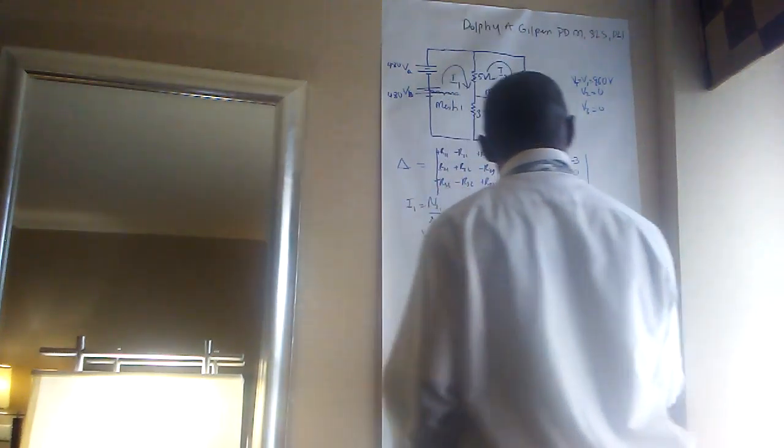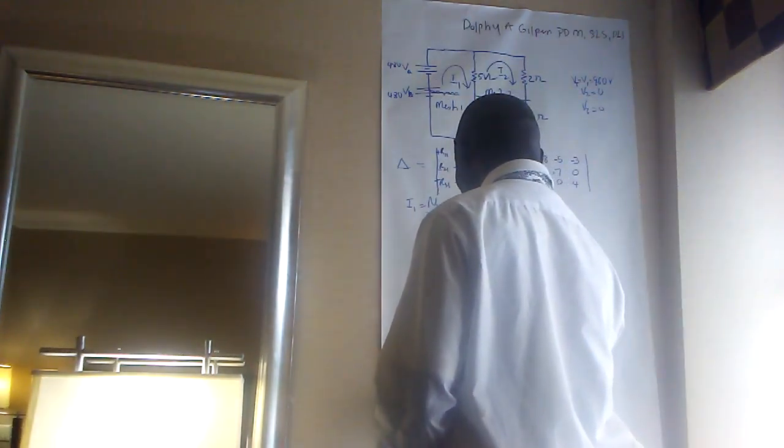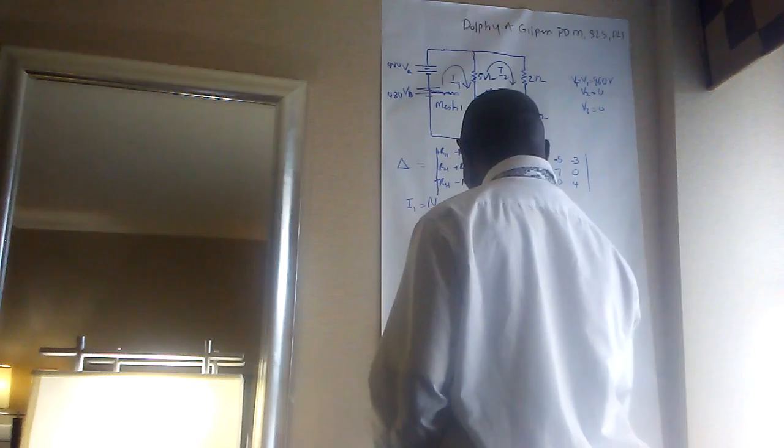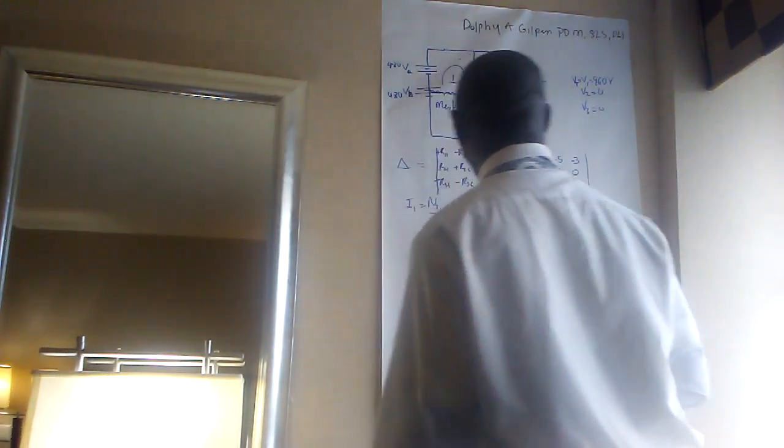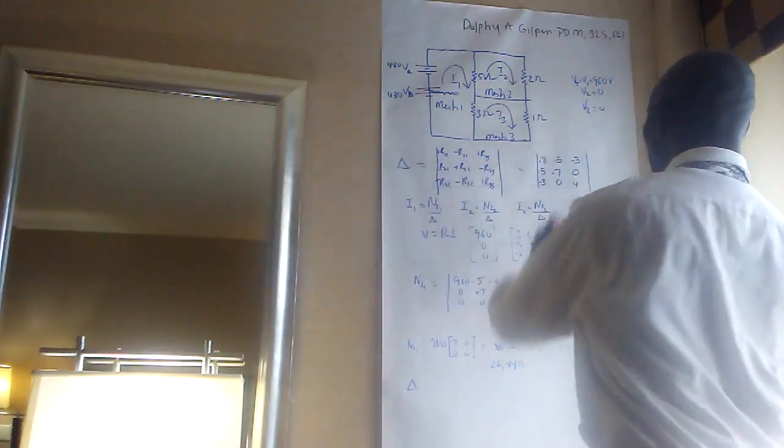And now we find delta, the denominator value. And delta is equal now to the determinant of this.